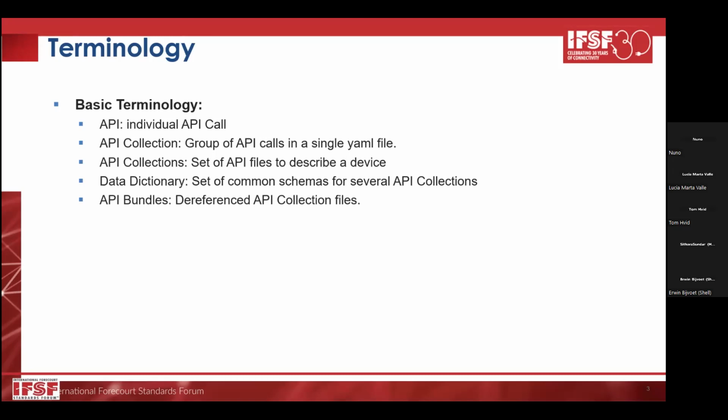First of all, let me clarify the terminology. When we refer to an API, we refer to an individual API call that can be a GET to retrieve information, a POST to update data, DELETE to delete data, and so on. When we talk about an API collection, we refer to several APIs that are grouped into an OAS file. We use YAML format to document them.